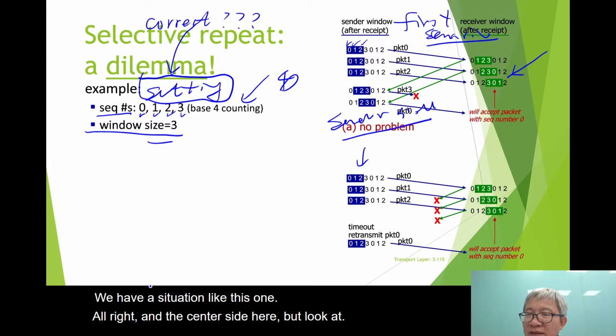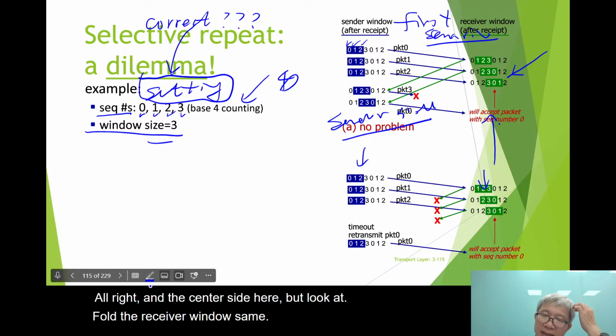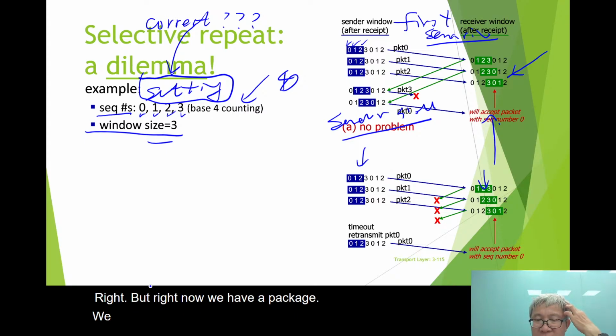For the receiver window, same. Right? But right now we have a packet.